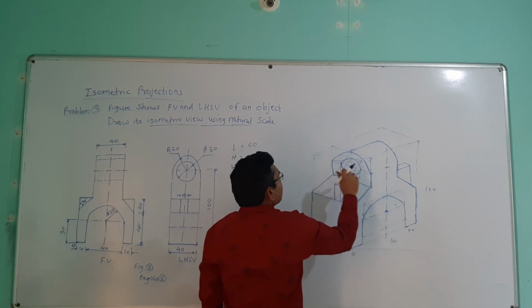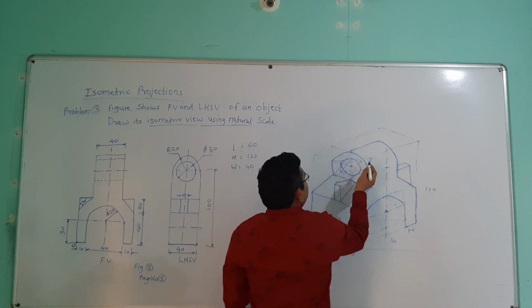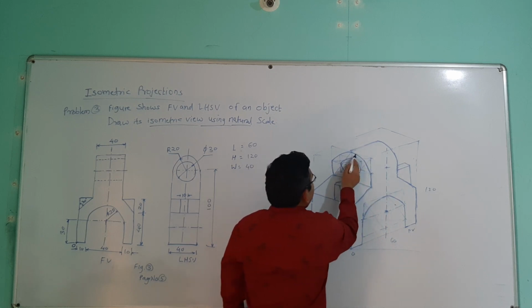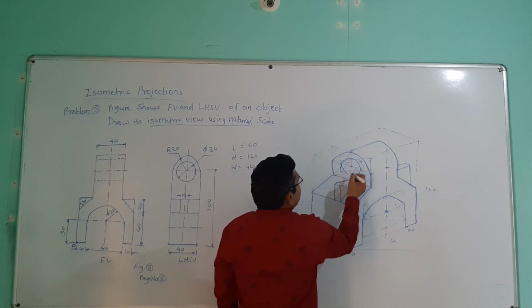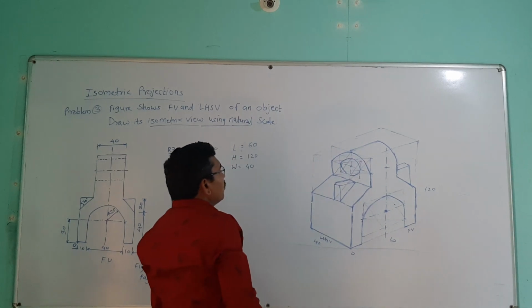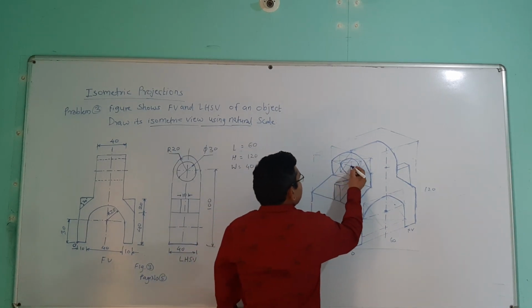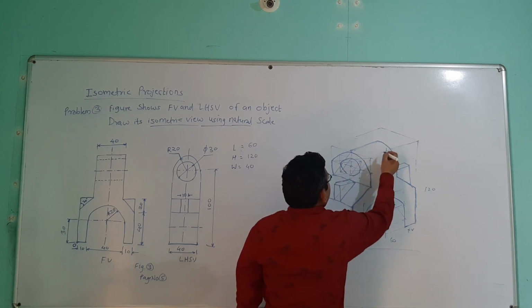Now you take this as center, this as center, and draw an arc. Similarly, this bigger arc, this center and arc. For this smaller arc the center is here, and for this bigger arc the center is here. Then the inner circle you draw like this. Now you have to shift this bigger arc center by the width distance.